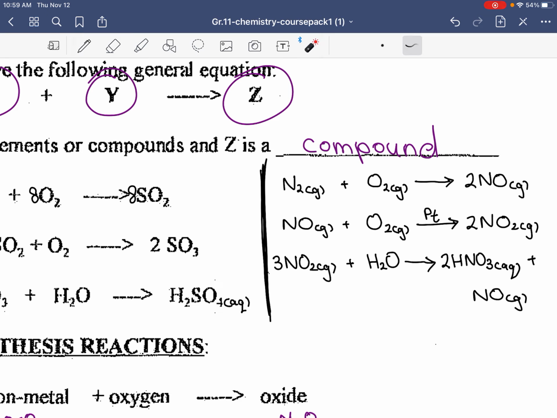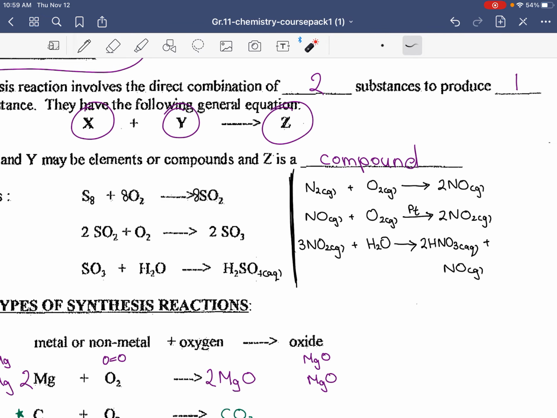Okay, this, like this, will come down as acid rain. Okay, so nitrogen in our atmosphere, creating nitrous oxide is actually not a good thing at all. But of course, as I mentioned, the third reaction right here is not a synthesis reaction. Okay, so just something that I want you guys to know, because we all care about our environment.